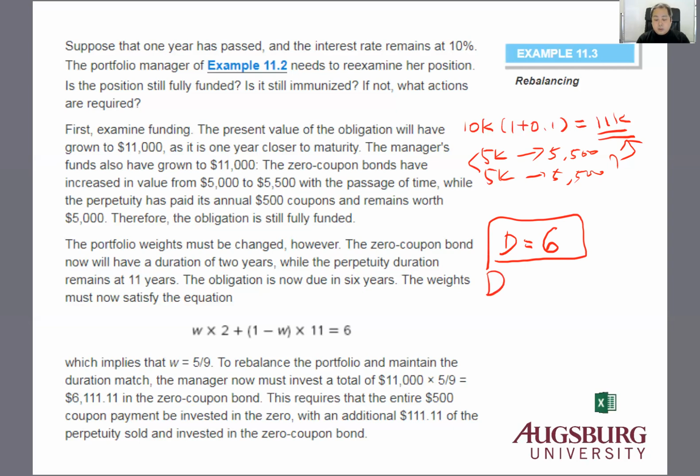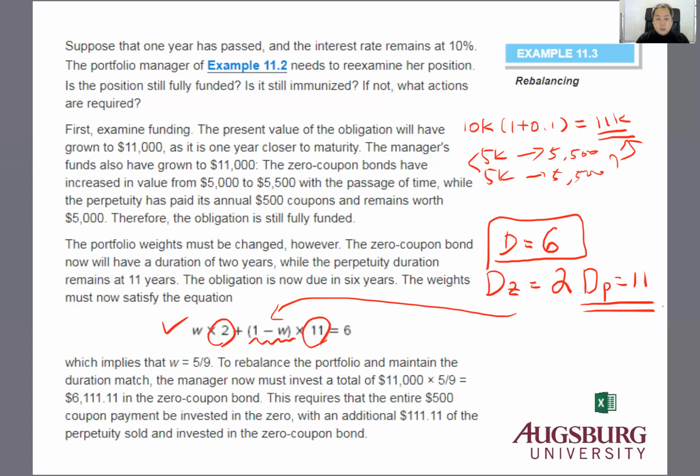Now the duration of the zero coupon bond becomes 2, right? Because it's 2 years left. And the duration of the perpetuity is still 11. It never changes. Now we have the same equation. So W is the zero coupon weight, and 2 is the zero coupon bond duration. 1 minus W is the perpetuity weight times 11, the perpetuity duration.